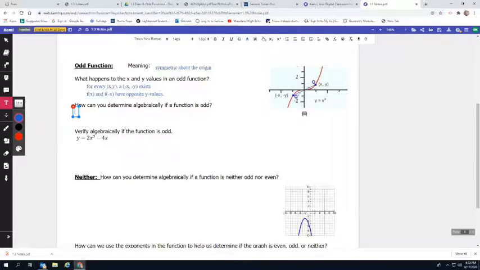How can you determine algebraically if a function is odd? So you're going to do the same thing that you did with the even function. You're going to plug in negative x for x, then simplify, just like before.